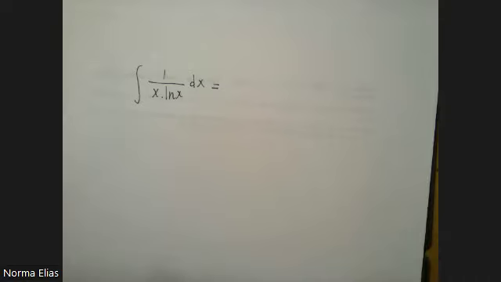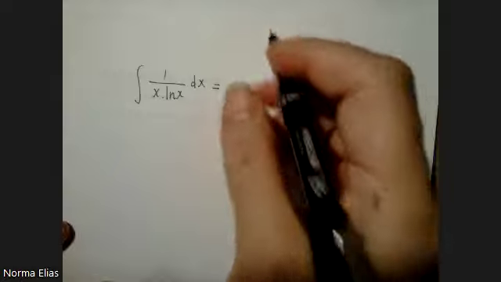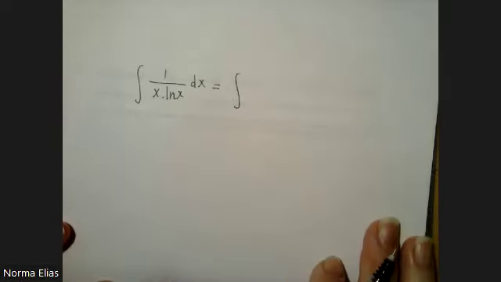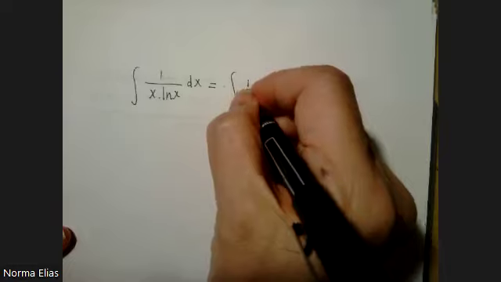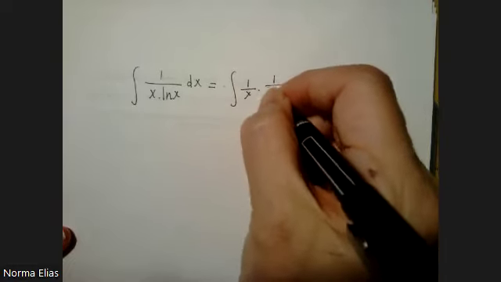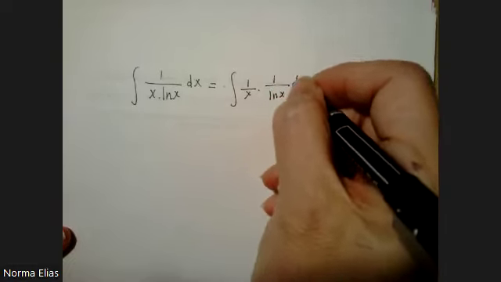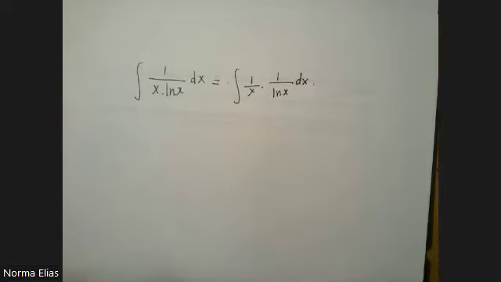What do you see? Do you see any connections between the functions I had? 1 over x and ln. Okay, so I'm going to write it the way Rayana is telling me. 1 over x, 1 over ln. Okay, now all of you, what do you see?